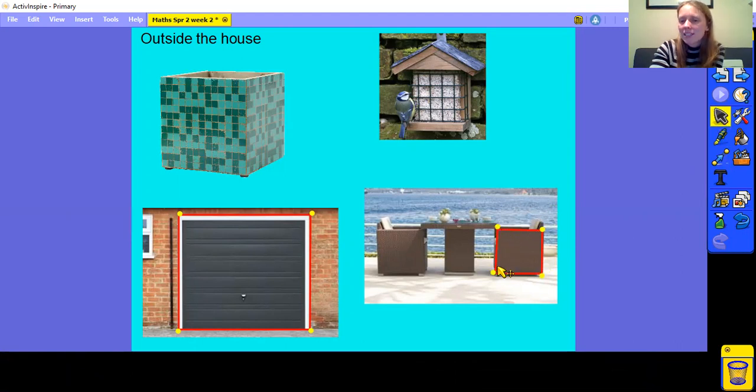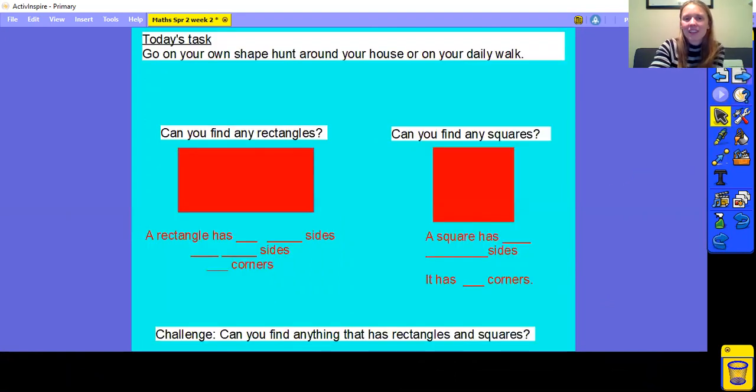The chair has a square on the side of it. And this one does too. What shape does the table have? Can you spot it? Yes, the table has a rectangle. Well done if you spotted that.